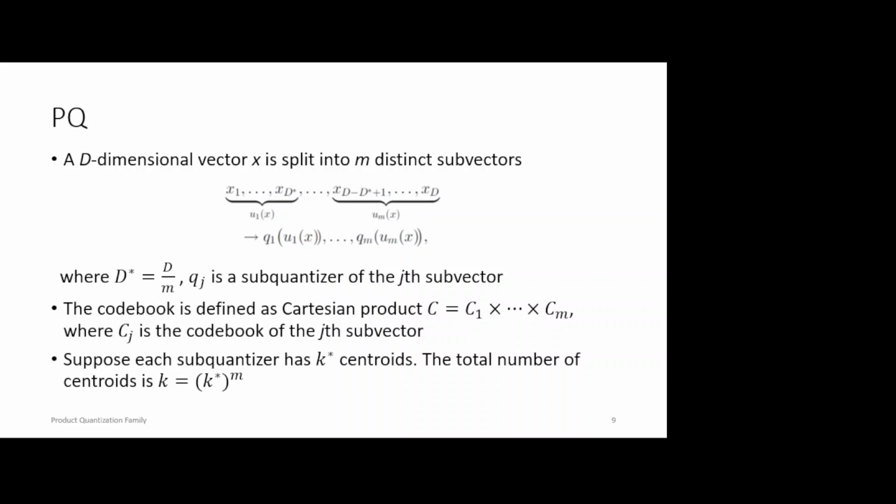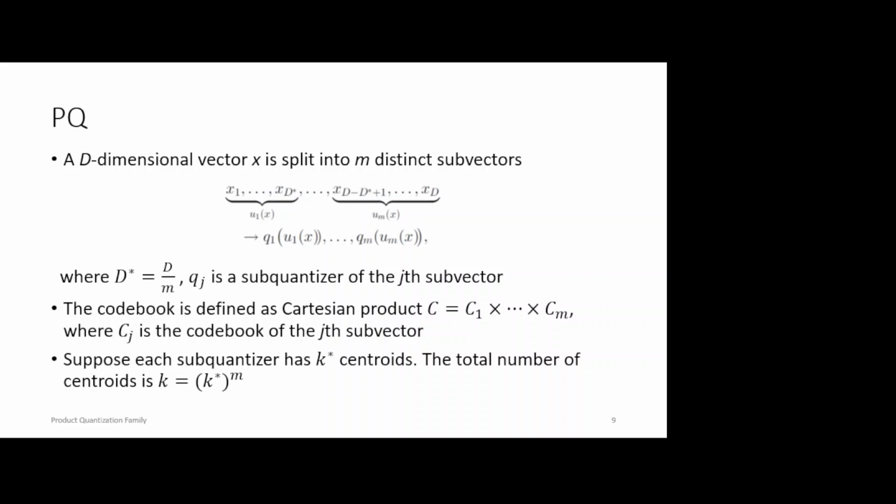Okay, so suppose each subquantizer has k star centroids, k star codewords, and you have n codebooks. The total codewords you can generate by combining them together, the total number of centroids, is denoted as k, which is k star to the nth power.